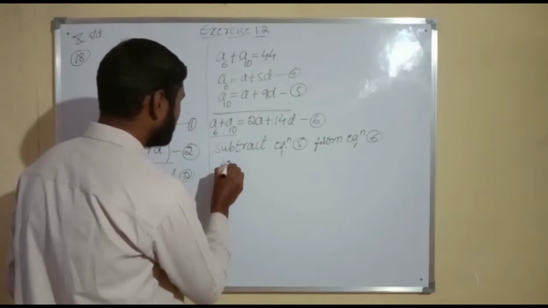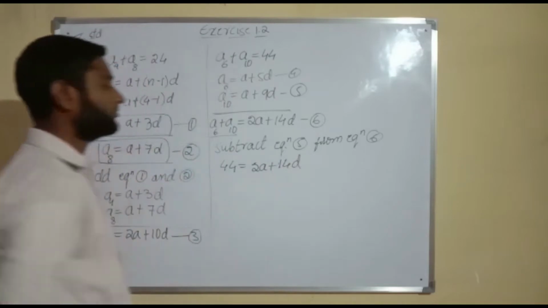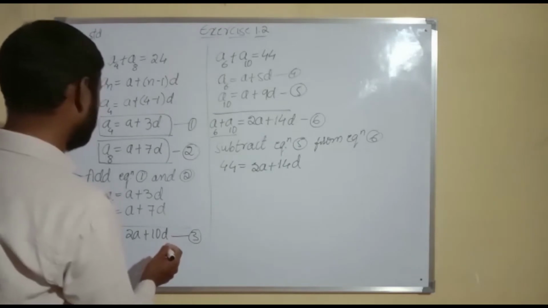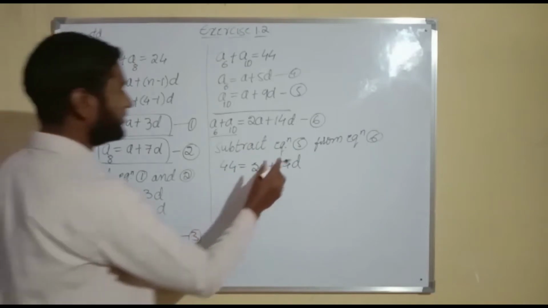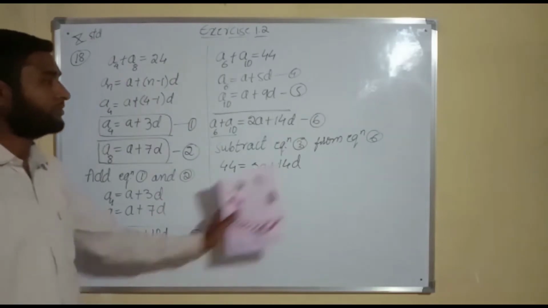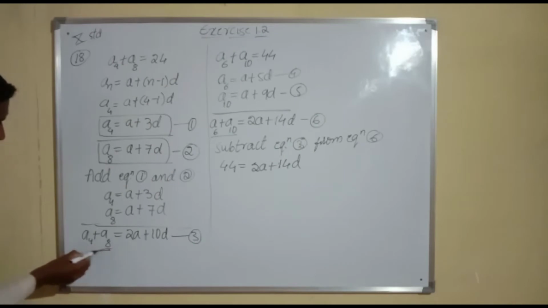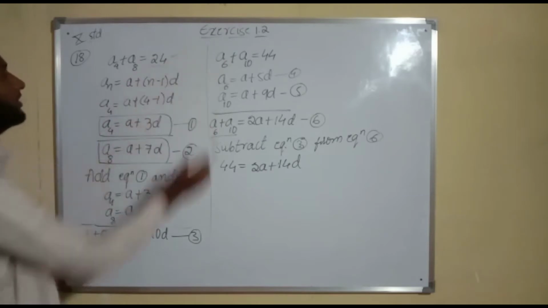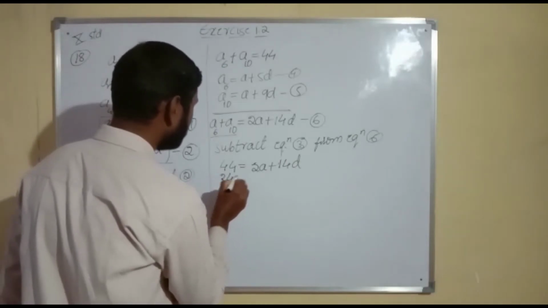So 44 is equal to 2a plus 14d. Now subtract equation 3 from equation number 6. Instead of A4 plus A8, I can write 24 according to the given statement. So instead of this I can write it as 24.